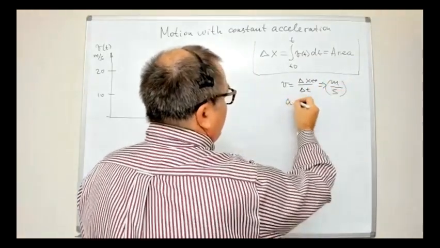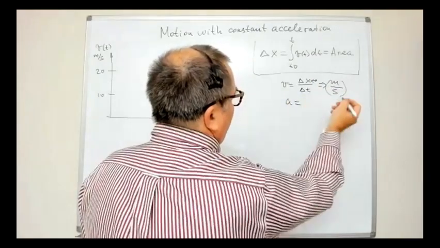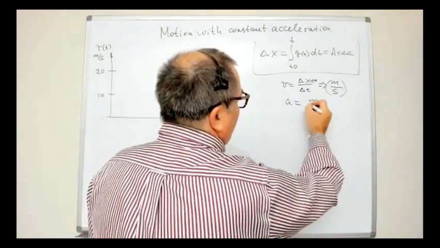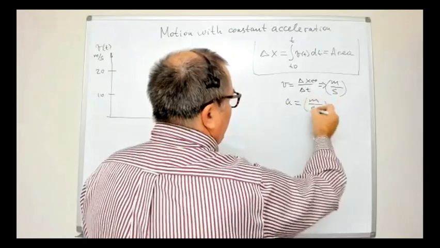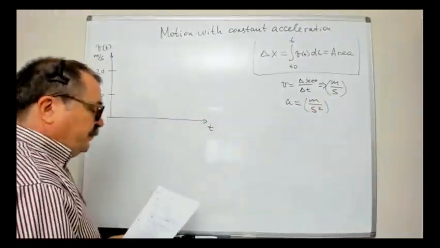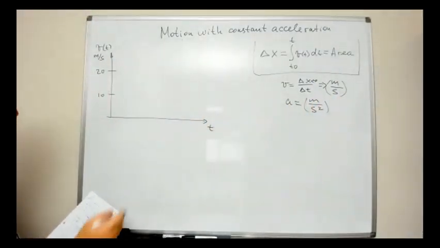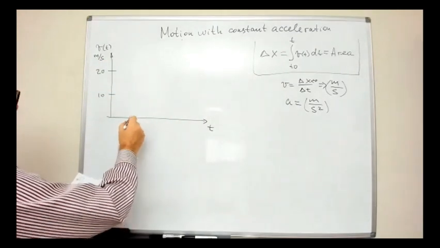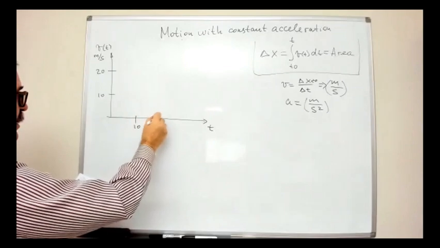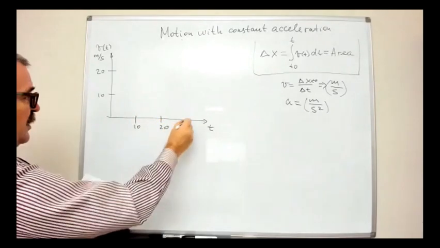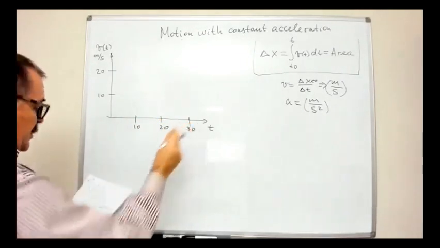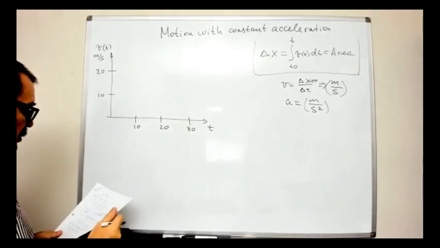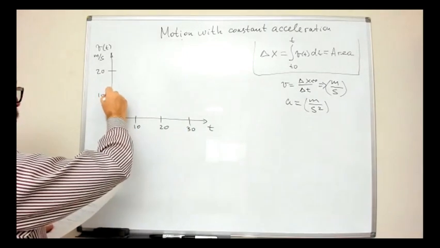And for acceleration, it's meters per second squared, SI units. Okay, so here I'm plotting versus time, and let's say this is 10, 20, 30 seconds. And let's assume that we have the following motion.